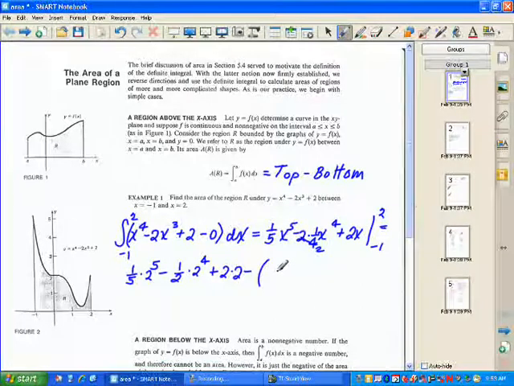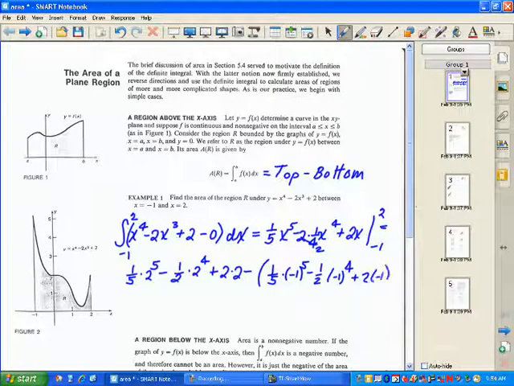Okay, big parentheses. Here we go with the ones. 1/5 times -1 to the 5th minus half -1 to the 4th plus 2 times -1. These two? Well, they have different denominators though.